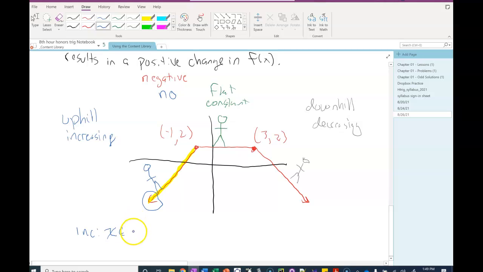That left arrow represents -infinity. And I'll put the parenthesis in right now, since we know all infinities get a parenthesis. And it ends here at the point -1, 2. Again, I don't care about the y-coordinate when I'm doing these intervals, only the x. So this ends at -1.